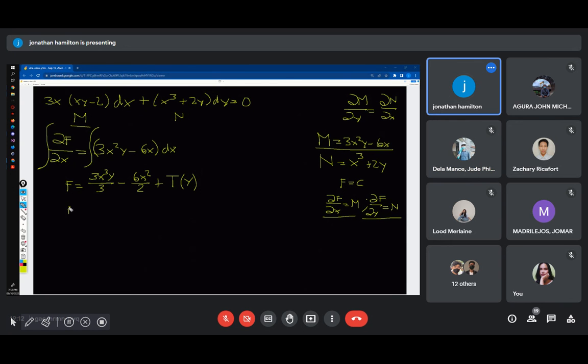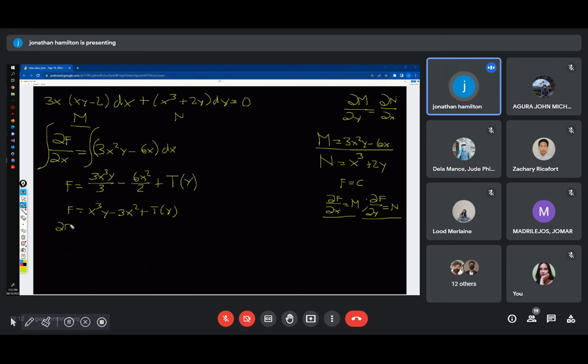We have f is equal to x cubed y minus 3x squared plus t of y. So pwede natin siya i-derive, but since t is with respect to y, we could partially derive it with respect to y.